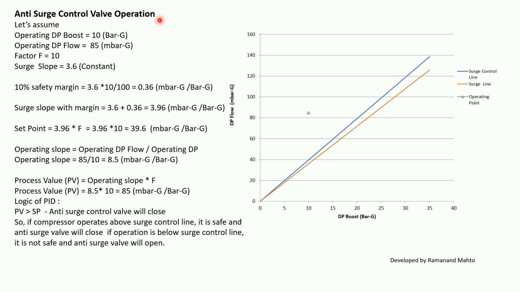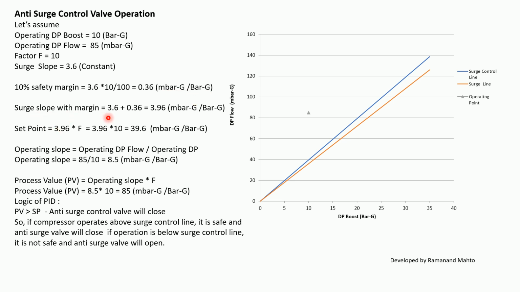Anti-surge control valve operation. Let us assume operating DP boost is 10 bar gauge, operating DP flow is 85 millibar gauge, and factor F is selected as 10. It can be any number, but in this test example it is selected as 10. So surge slope is 3.6 constant, and the 10% safety margin is 3.6 into 10 upon 100, which is 0.36 millibar gauge upon bar gauge.